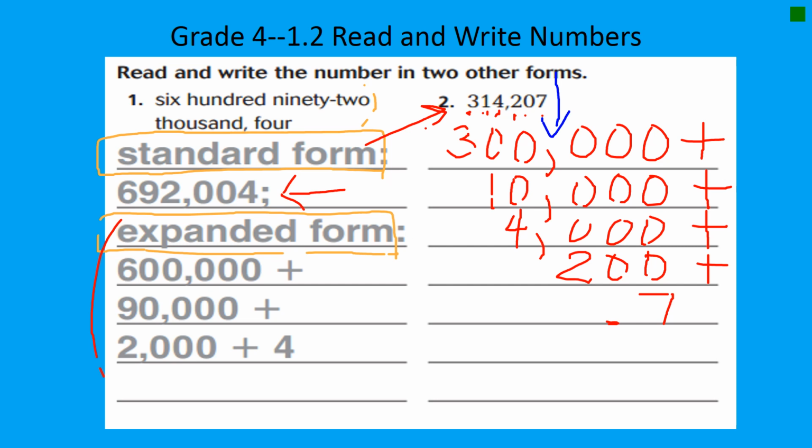And now we're going to write it in word form. And my writing on here is not perfect, so be patient with me, okay? I'm going to start over here so I can fit it all.